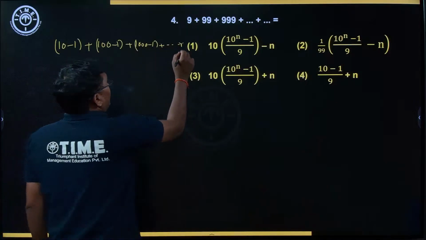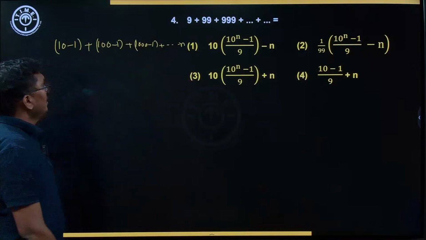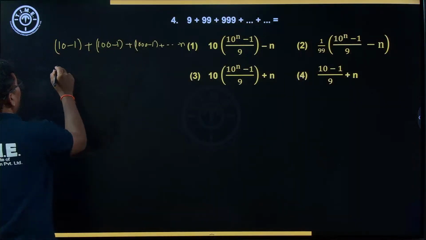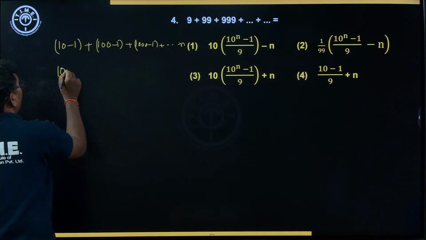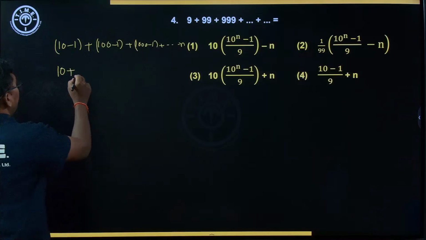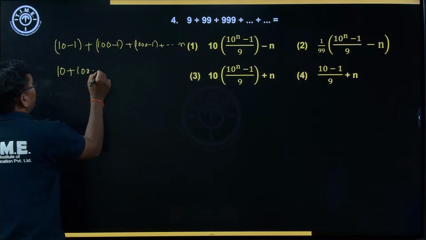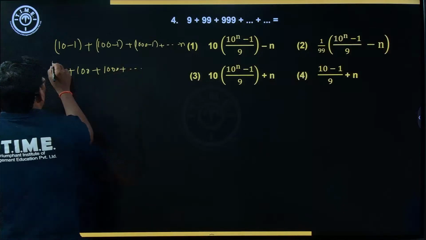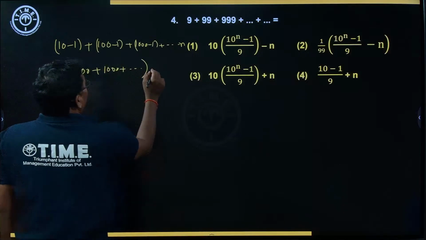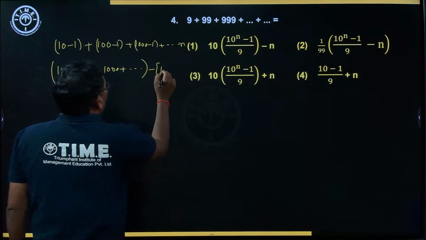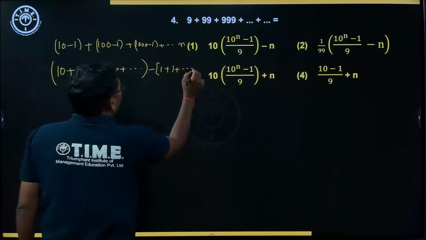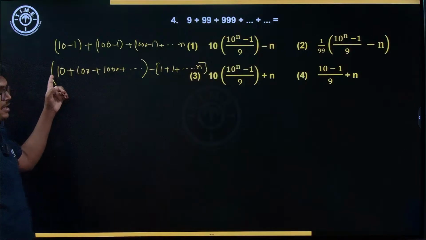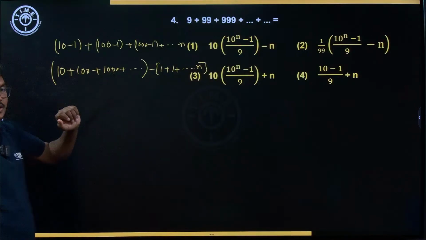So up to n terms, it is not infinity, right? So if you write the powers of 10 together, 10 plus 100 plus 1000 and so on, and then minus 1 minus 1 and so on, n times. So this is 10, this is 100, this is 1000.